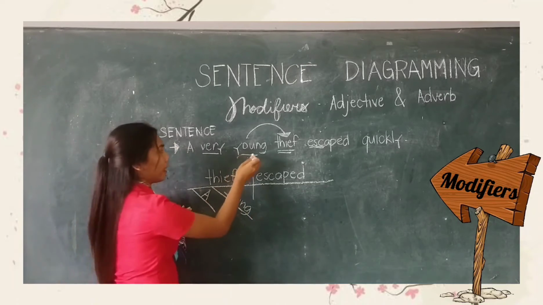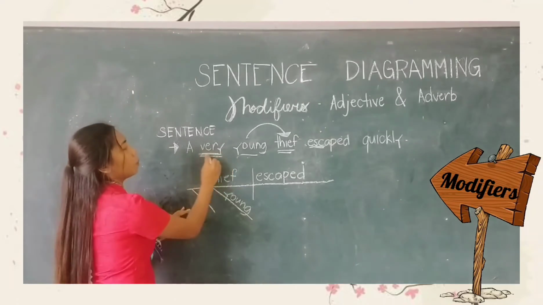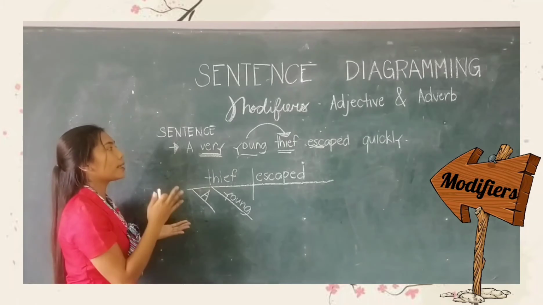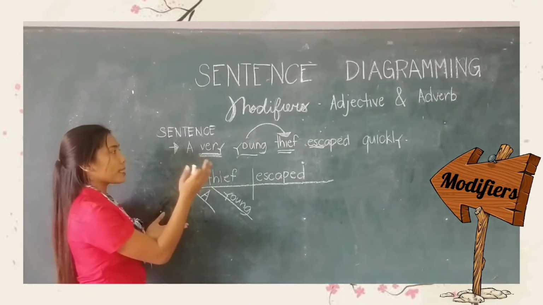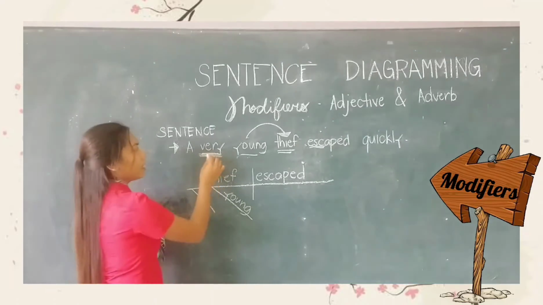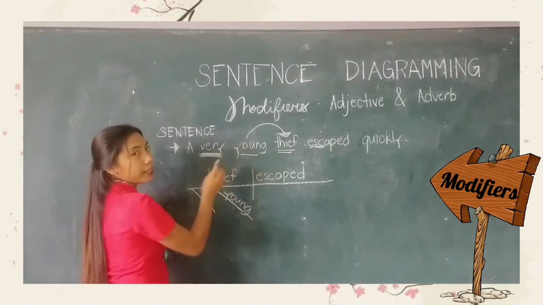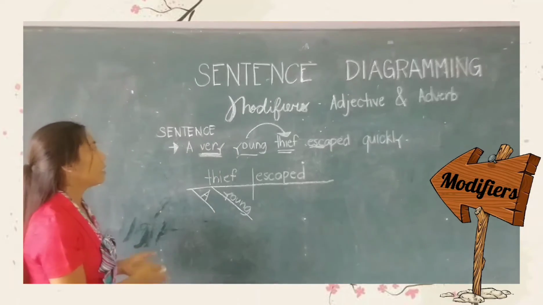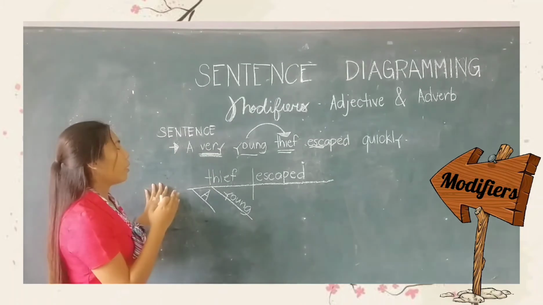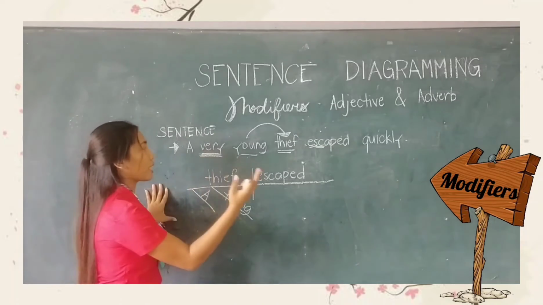So if young is an adjective, what is the word very? Is it an adjective or an adverb? So let us look at the sentence. What does the word very modify? Does it modify the thief or does it modify the word young? How young is the thief that escaped quickly?